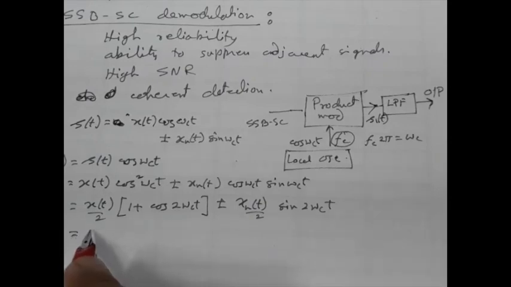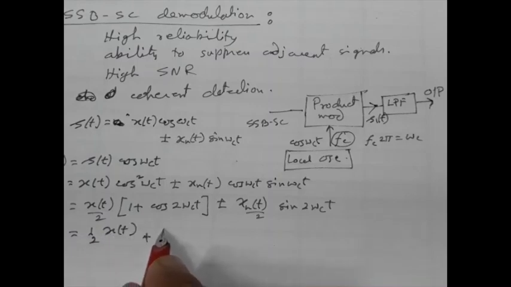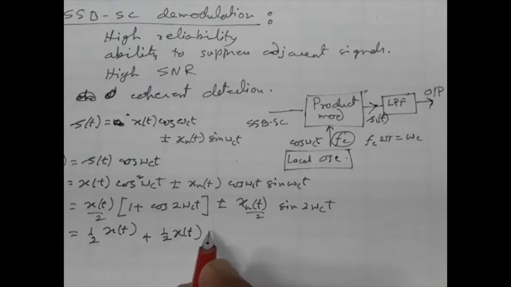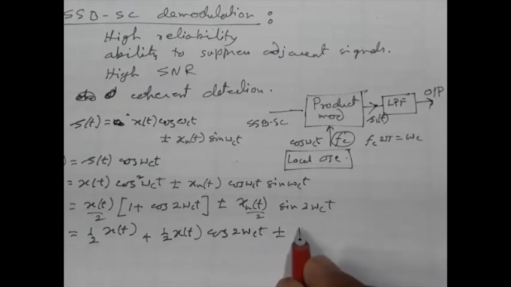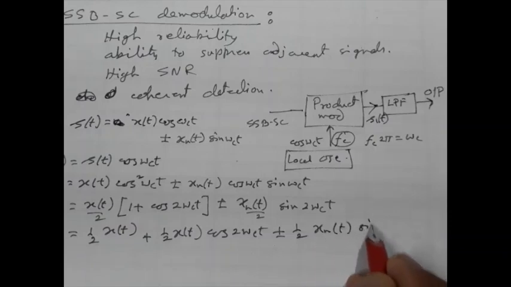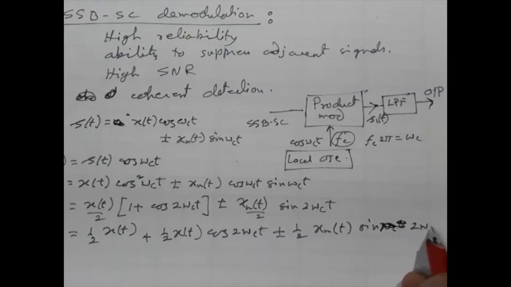That is equal to half of x(t) plus half of x(t) cos 2 omega c t plus minus half of x_h(t) sin 2 omega c t.